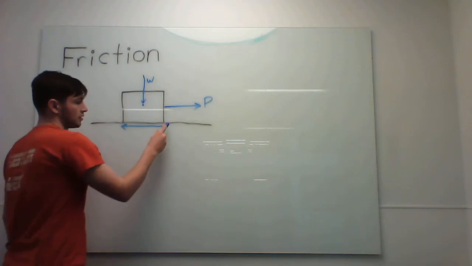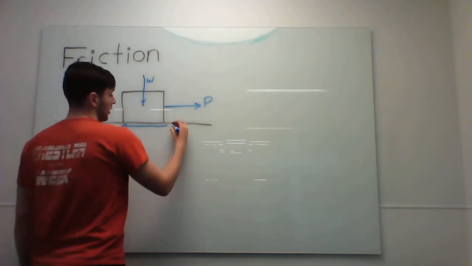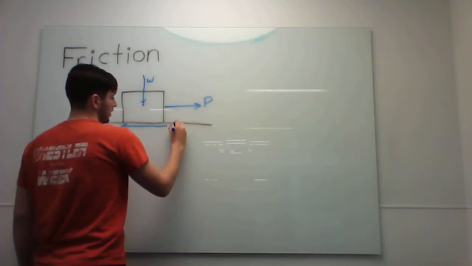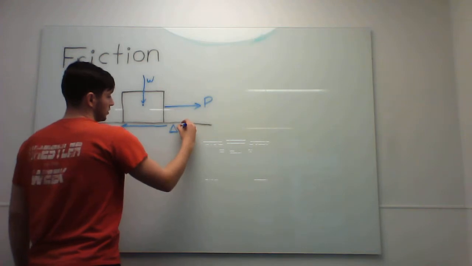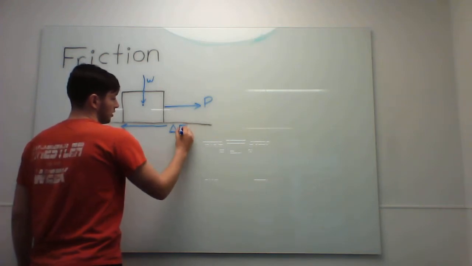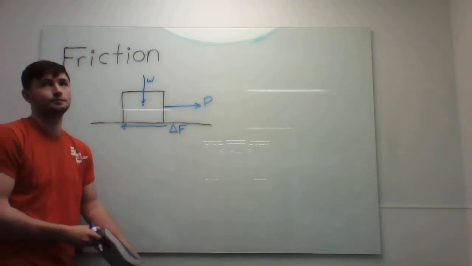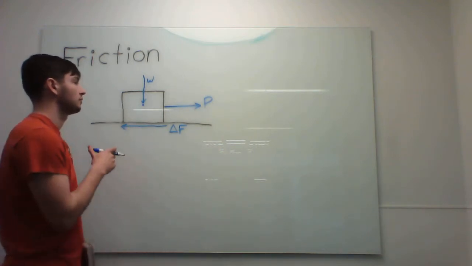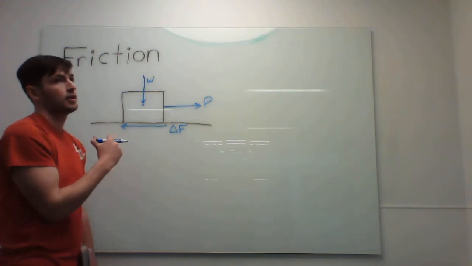The force is just acting between the surface and the bottom of the box. And we can say that it's going to be equal to the change in the frictional force, since the box is being pulled along an uneven surface.